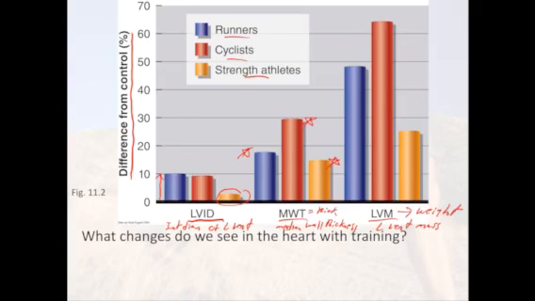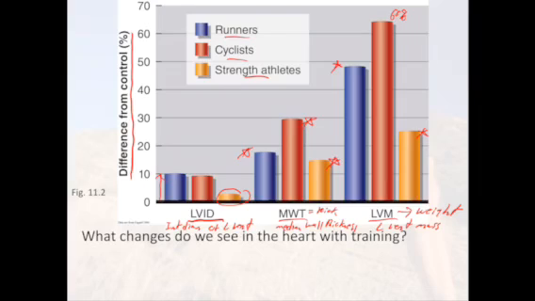Same thing with left ventricular mass. The heart of those runners is 50% larger than the heart of the sedentary people. Heart of the strength athletes is maybe 25% larger. Heart of the runners is over 60, around 65% larger. The cyclists, sorry.